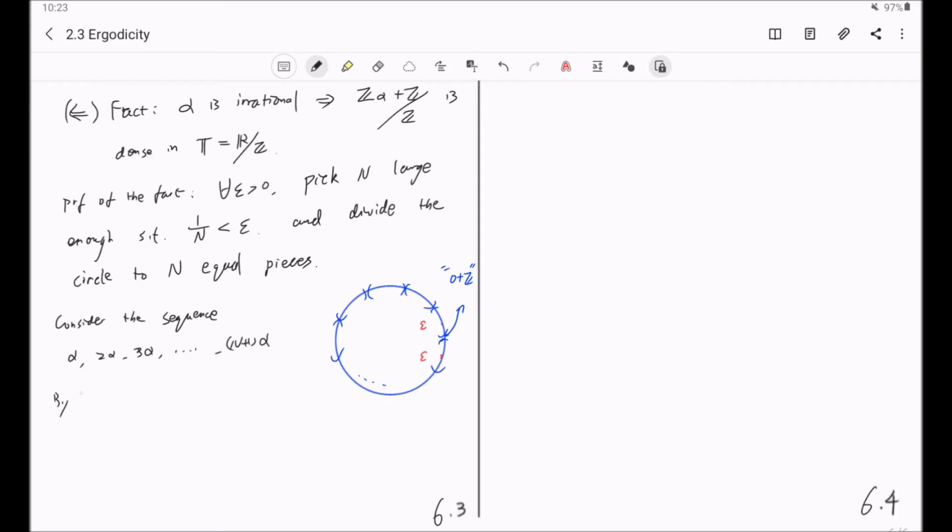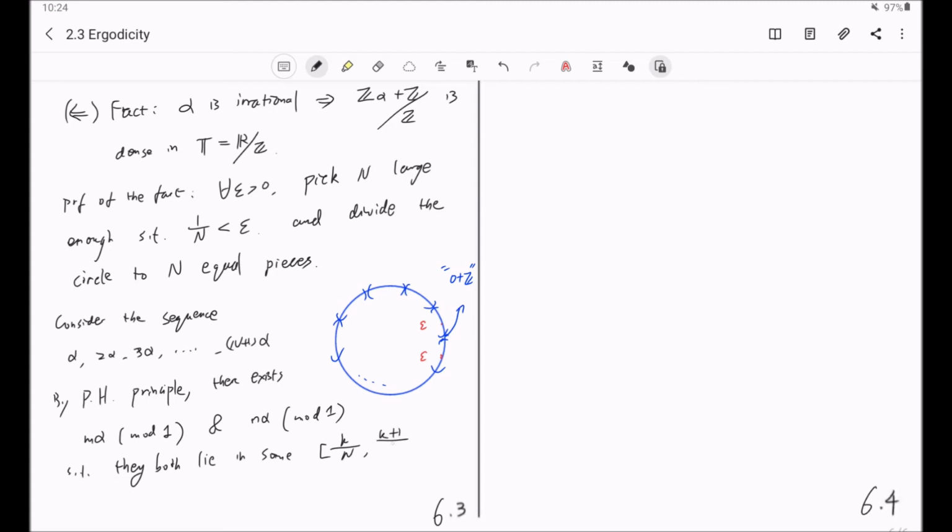So by the Pigeonhole Principle, there exist m alpha mod 1 and n alpha mod 1 such that they both lie in some interval, say k divided by n to k plus 1 divided by n, where k is greater or equal to 0, less than, actually less than or equal to, n minus 1.